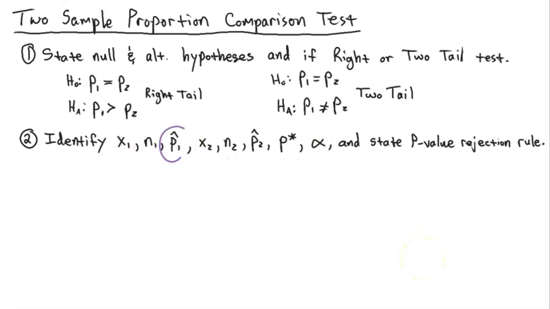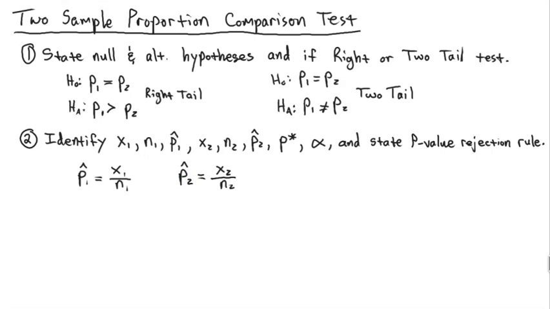So then what about this P1 hat, this P2 hat, and this P star? Well, let's talk about those. Those we're going to have to calculate. So the P1 hat and the P2 hat, those are just proportions, because P hat is a proportion. P1 hat is the proportion from population 1, and P hat 2 is the proportion from population 2.